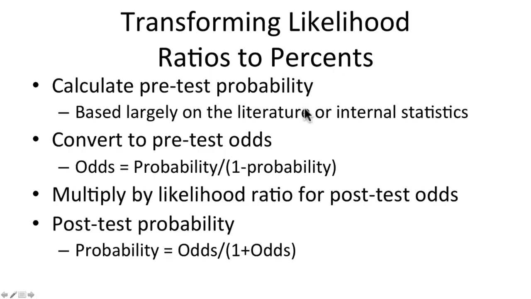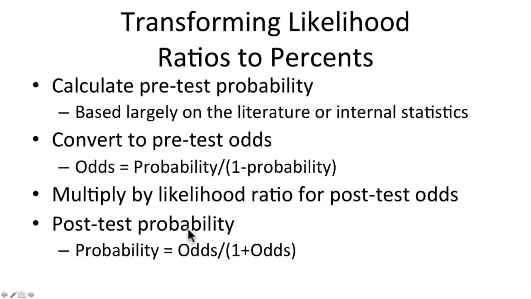So you start with that as your prior probability, and you convert your prior probability into odds. So let's say that the probability is 40%. So it's 0.4 divided by 1 minus 0.4. Your odds are 0.67, for example. You then multiply by the likelihood ratio that you got for your test, and you get the magical post-test probability.